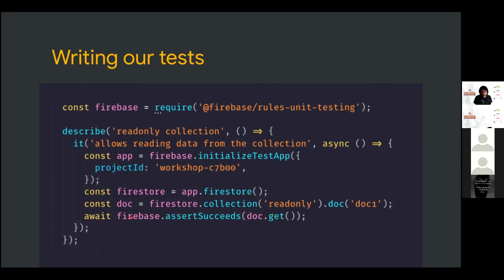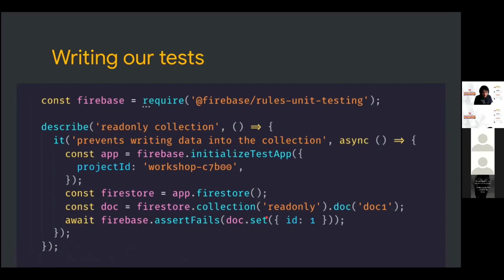The Firebase unit testing library provides us with methods like assertSucceeds, which will do the assertion for us. assertSucceeds makes sure that the provided operation succeeded. There's also assertFails, which will make sure that the provided operation fails, which is the case when we want to prevent writing data to the collection. So calling doc.set, for example, should fail, and we want to check that in our unit test.